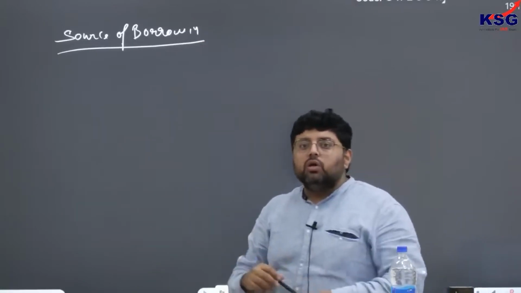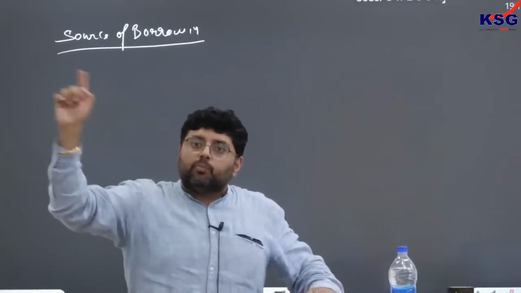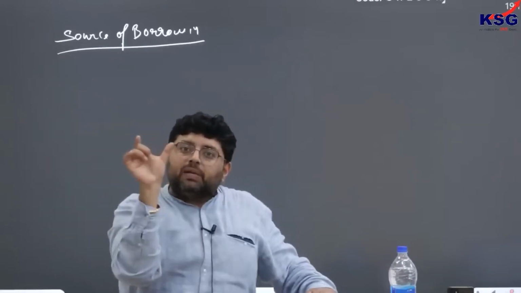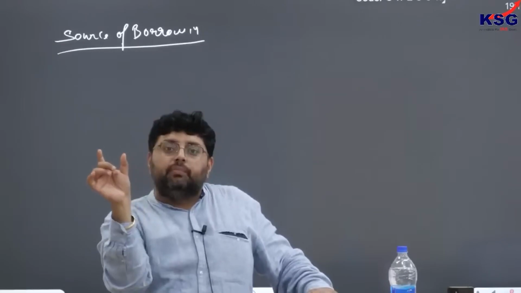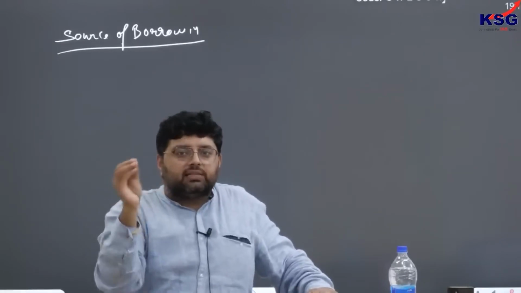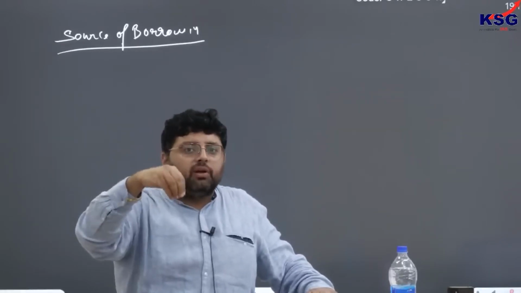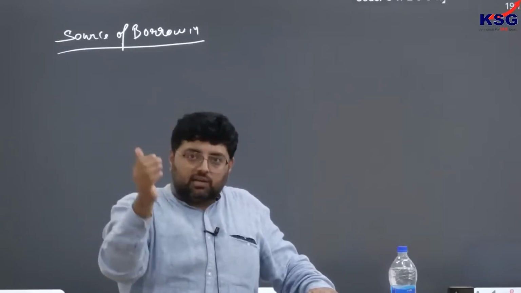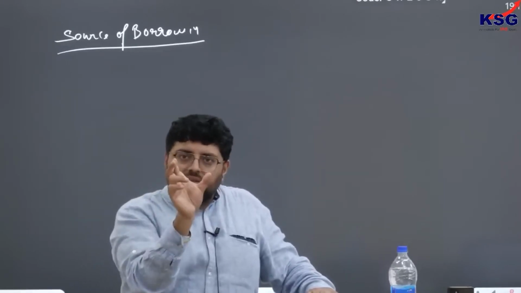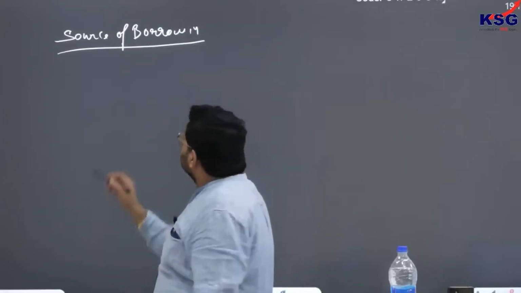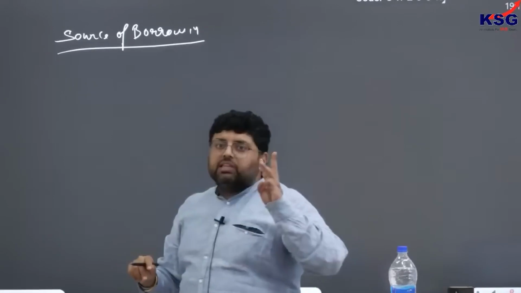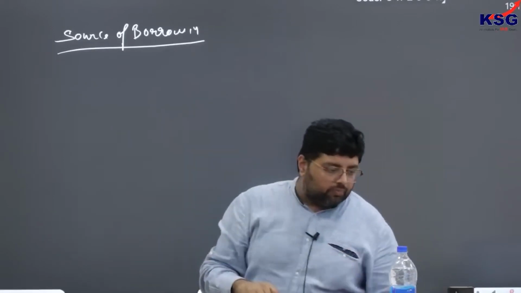But if they ask you what are the sources of borrowing for government of India, then this is specific. So when they are asking specifically about government of India, they are not focusing on the general case. Clear? So with government of India only 3 choices are there. So already I told you.